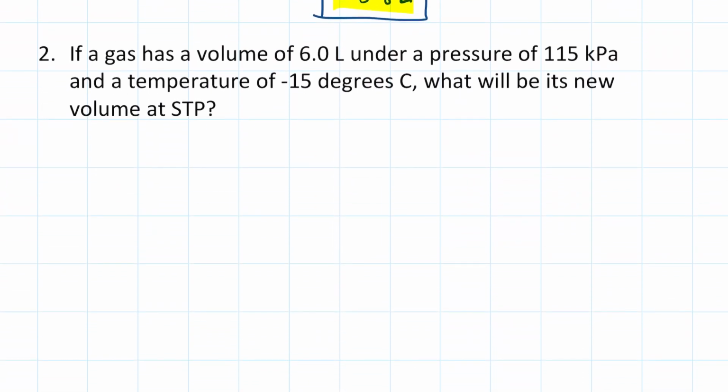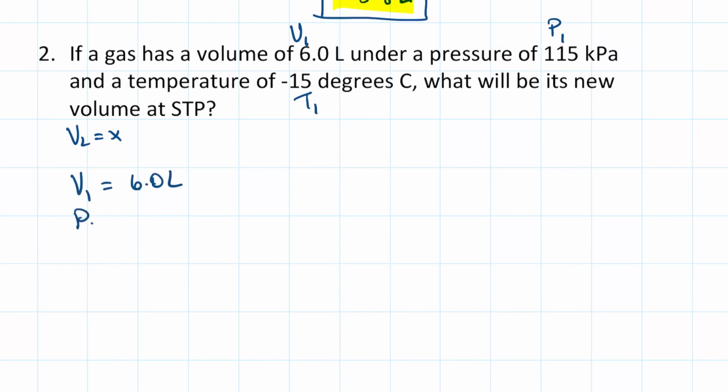If a gas has a volume of 6 liters, there's my V1, under a pressure of 115, there's my P1, and a temperature of minus 15 degrees, there's my T1. What will be its new volume at STP? Well, goodness, they didn't give me very many numbers at the end, so I'm a little concerned, but let's go ahead and list our givens.